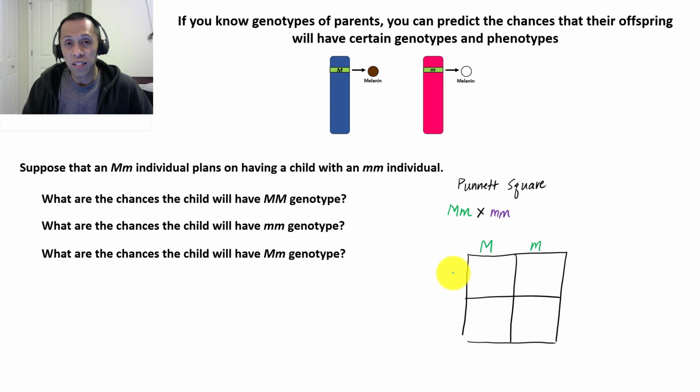And then along the left edge of this Punnett square, you would write down letters that represent the alleles you would expect to find in the reproductive cells that the other parent would make. When this individual makes reproductive cells, half of the reproductive cells are going to have this little m in it, and the other half are going to have this little m in it.